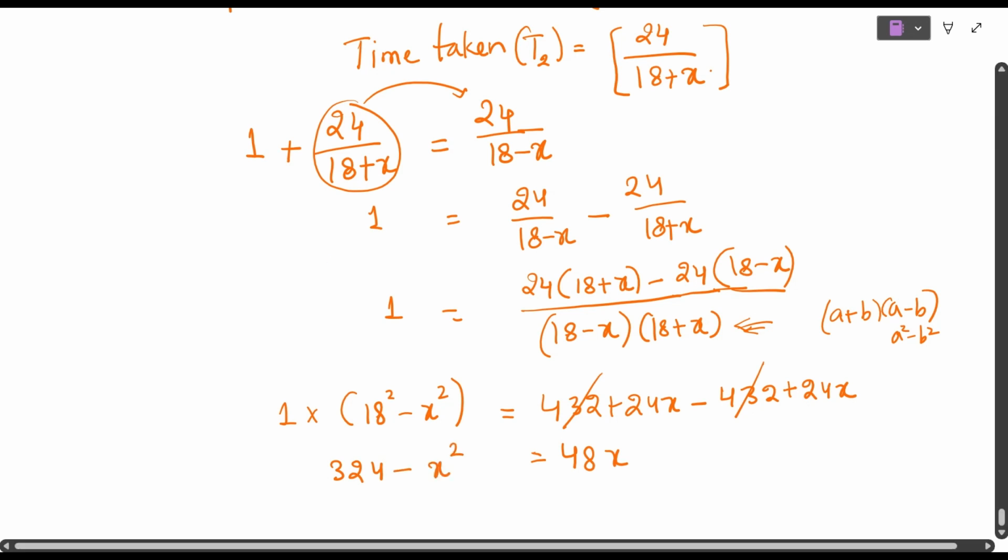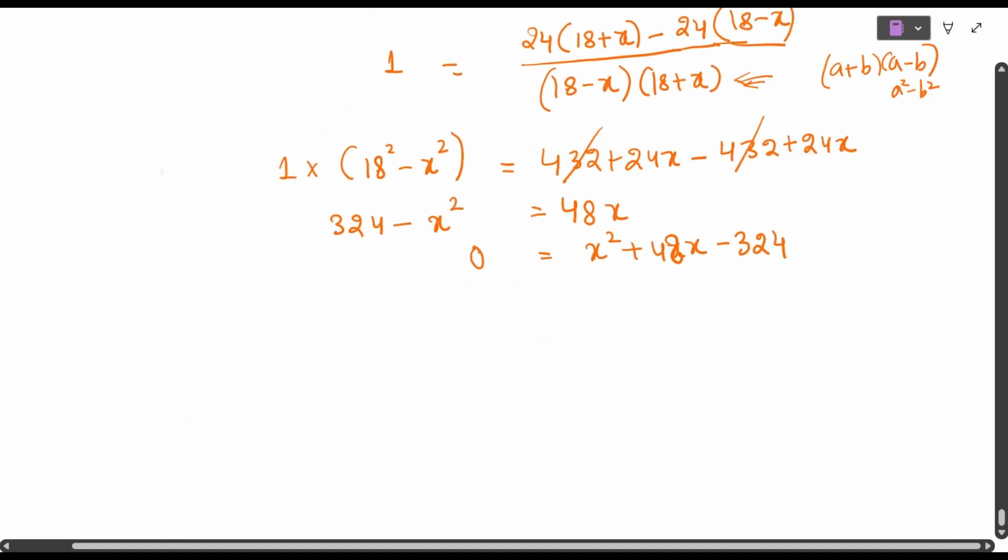Now transpose everything. Here 0. This becomes x square plus 48x minus 324. If you observe carefully, it looks like a quadratic equation, students. I have given so many examples of quadratic equations, and I have also explained shorts. ax square plus bx plus c is equal to 0.